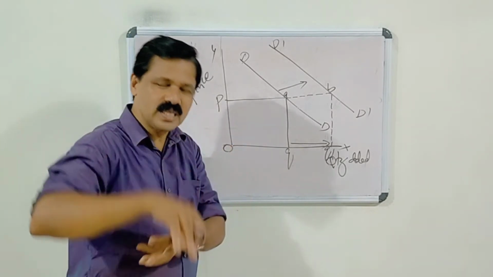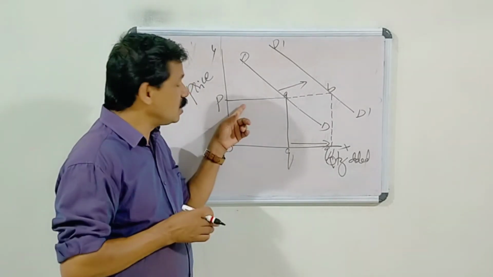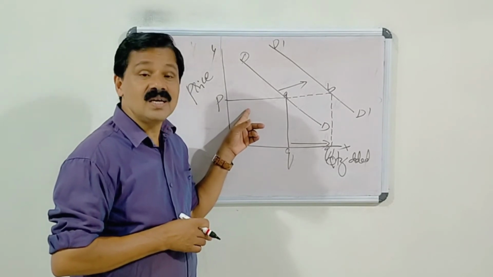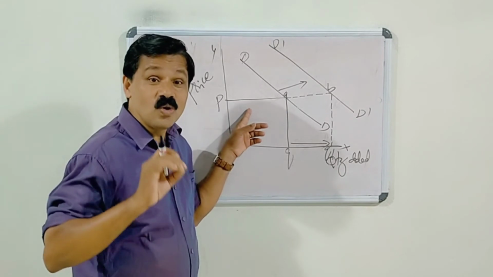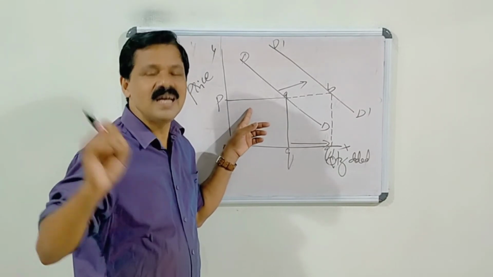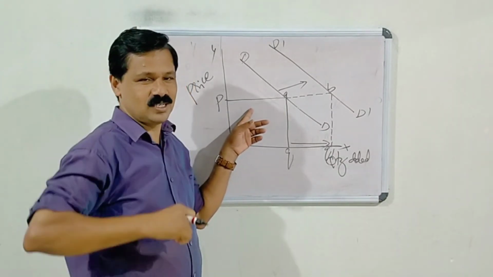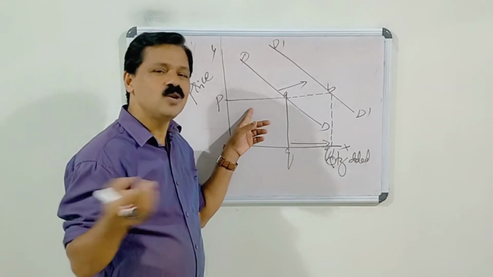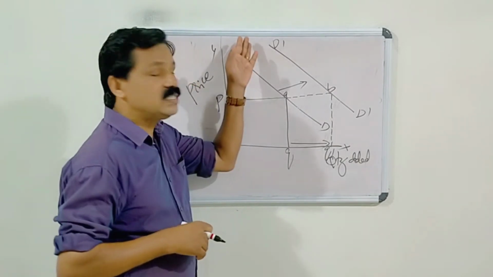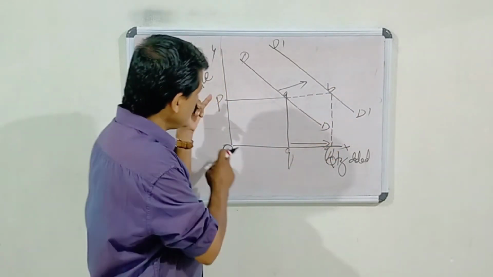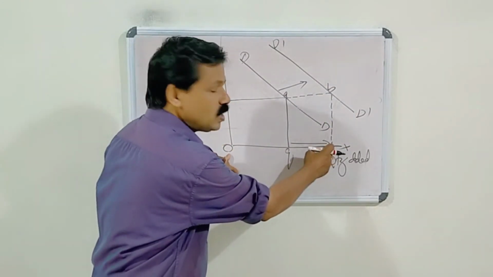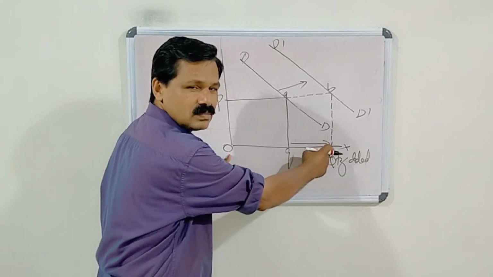Here the quantity demanded of that commodity will be increased due to favorable changes in non-price factors. And in the opposite case, supposing the initial demand curve is D1D1, that is at OP price, OQ1 quantity of the commodity will be demanded.